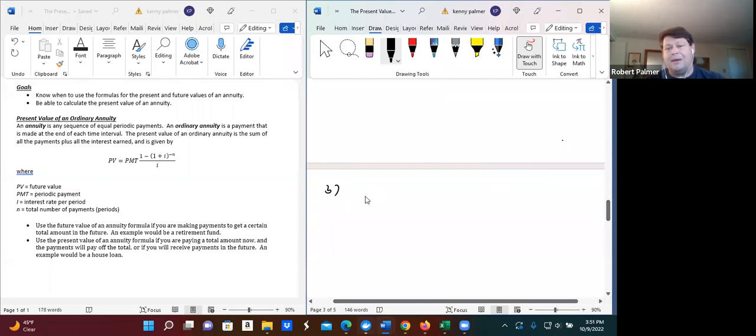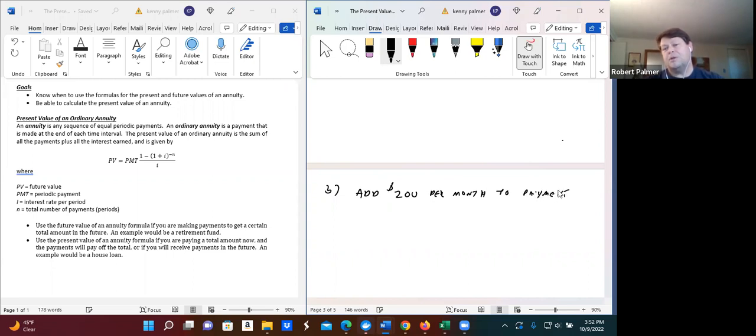So we're going to add $200 per month to the payment, from the beginning.